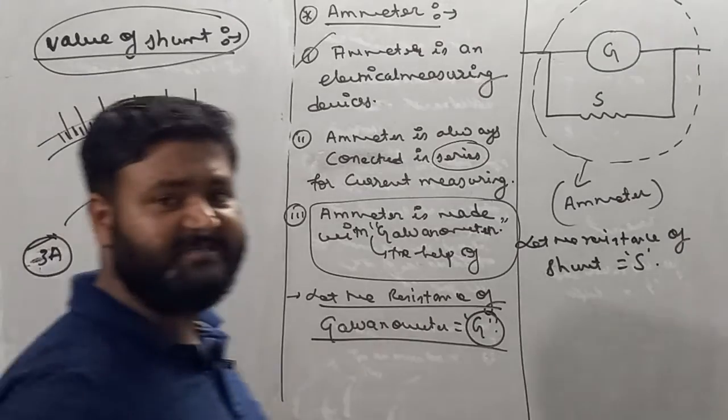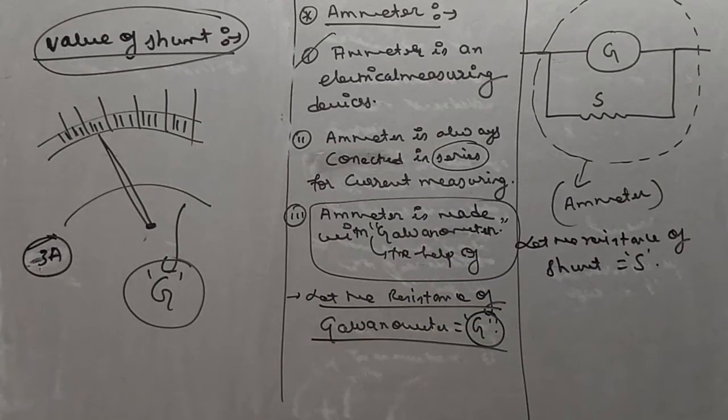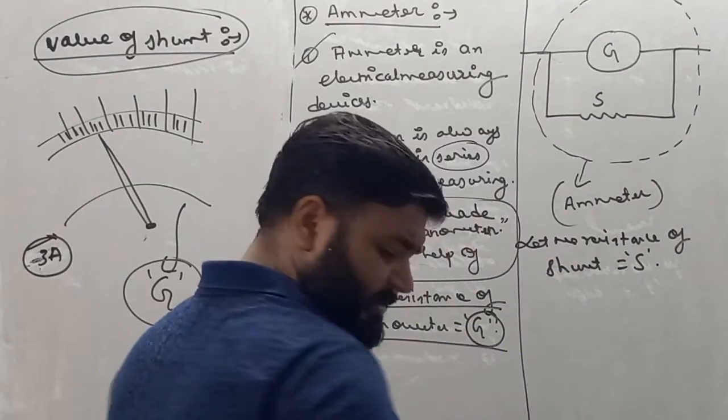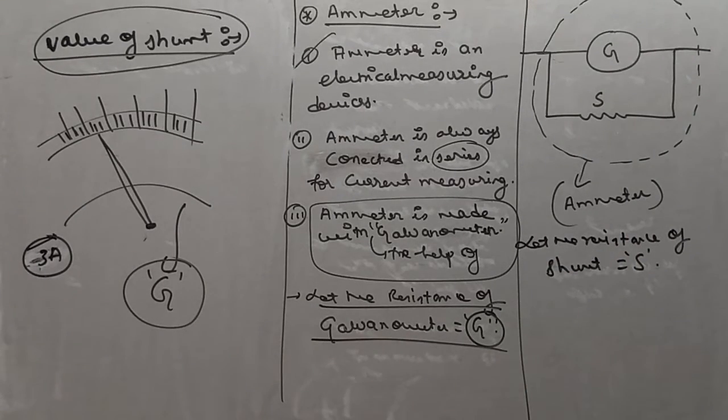So write down the definition of maximum deflection current first. Write down maximum deflection current for a galvanometer.